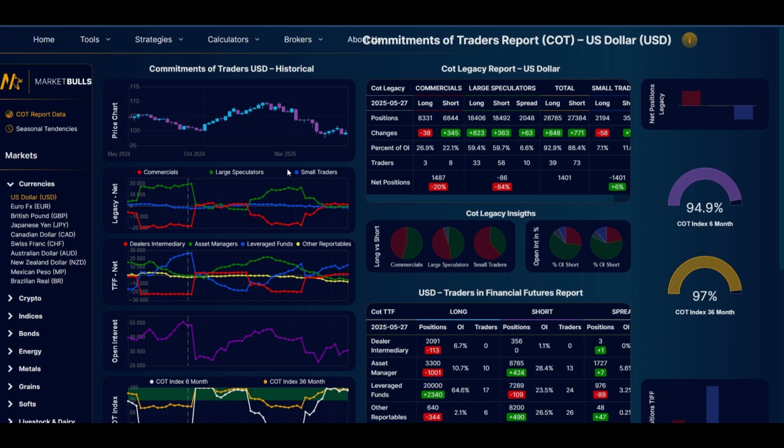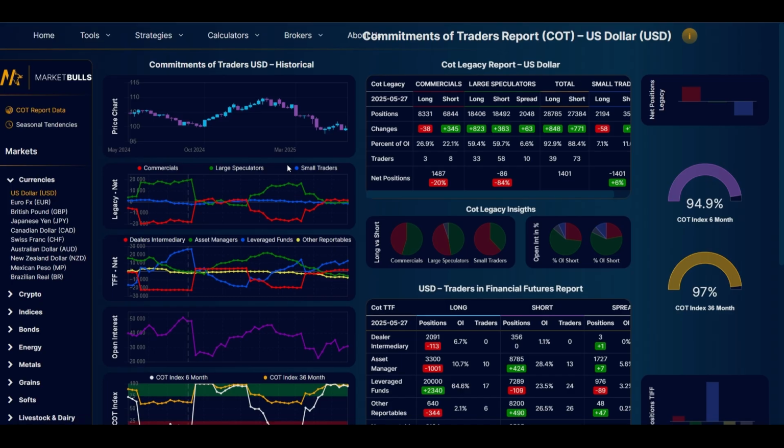Now you have small traders, and small traders, as you can see, like us, do not really have any impact on the markets, and small traders could even represent brokers' accounts hedging against the real OTC markets, because you have to realize that large speculators are trading openly on the OTC market, and the commercials as well, while we small traders usually don't have any impact on the real markets.